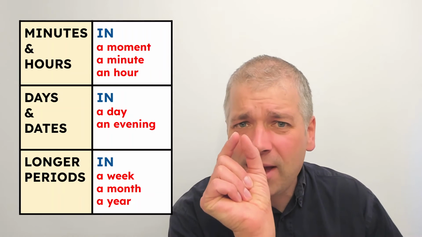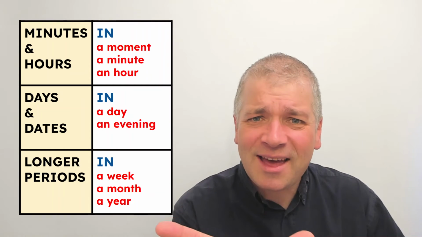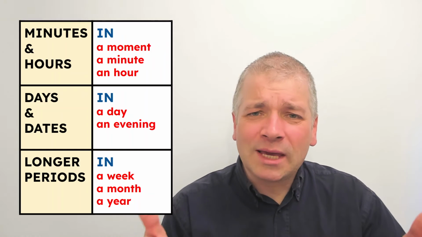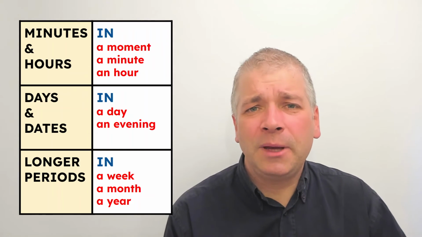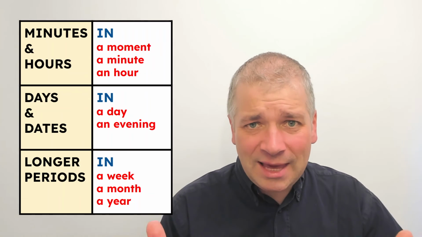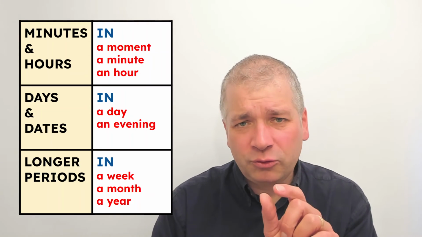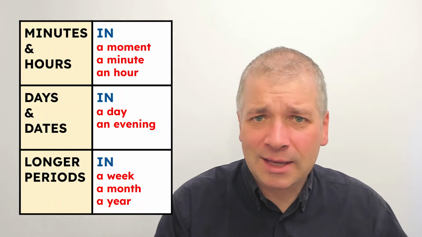In a moment, it's a tiny amount of time. In a moment, in a minute, in an hour, in a day, in an evening, in a week, in a month, in a year. Any unspecified period of time that doesn't have a name, we can use in to describe it. No matter how short or long it is, if it's a sense of being a period, we will use in.